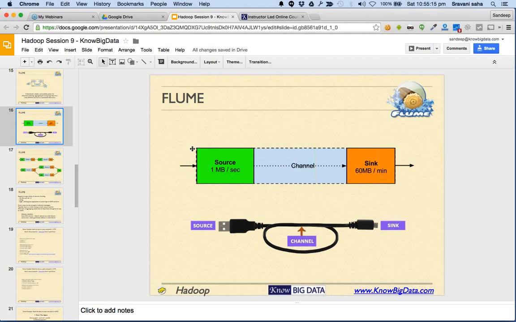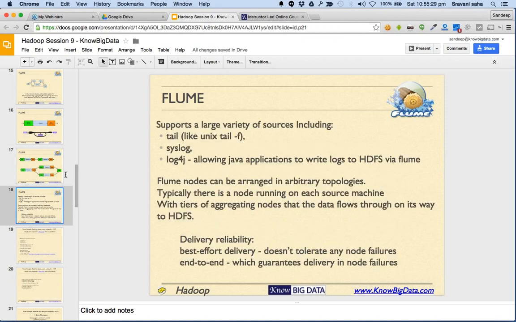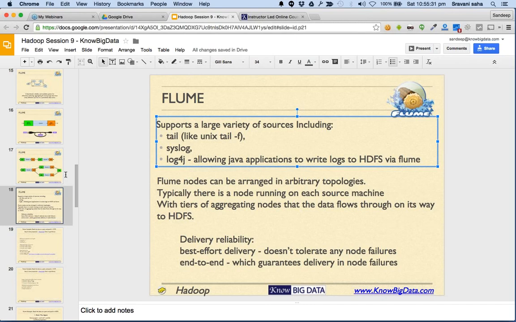While at one end the source generates the data into the channel, on the other end the sink takes its own sweet time to consume the data from the channel. That's why the Flume architecture is very important in this way. Flume supports a variety of sources including tail, syslog, and log4j.